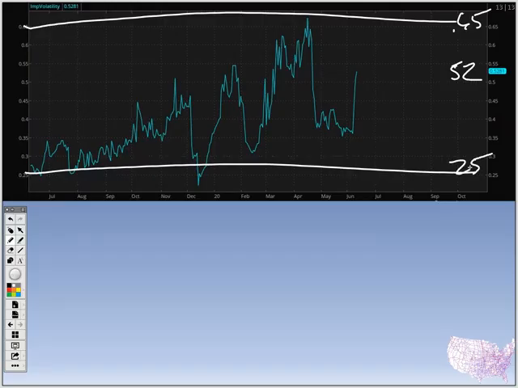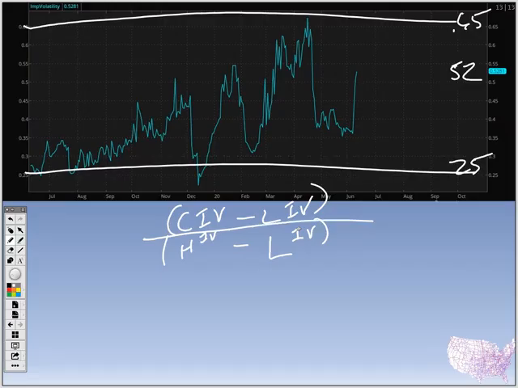So we could do the same math again on this particular one. And what do we have? The current implied volatility, so the current IV minus the low IV, and take that sum and divide it by the high IV minus the low IV. Right, that's our equation.